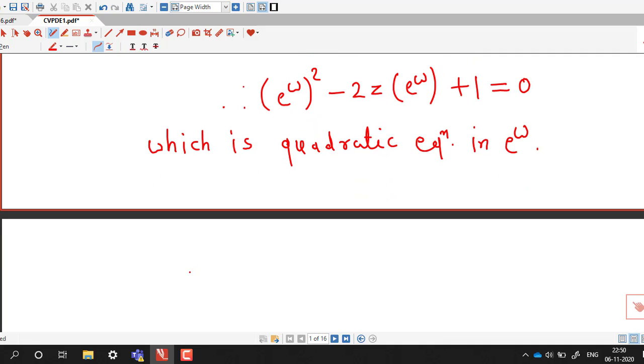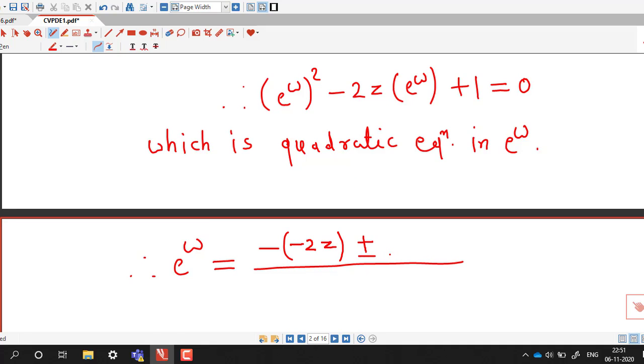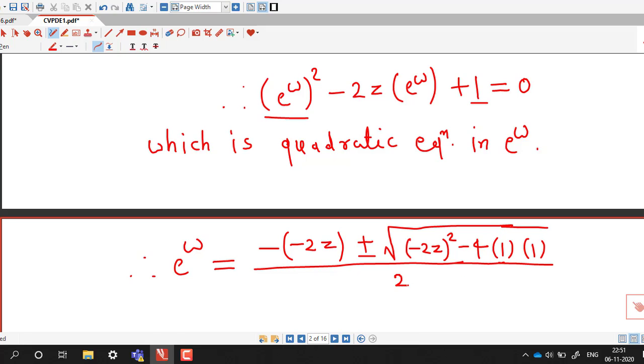Therefore, using the formula for a quadratic equation, we have e raised to W equal to minus the coefficient of e raised to W, which is minus 2Z, plus or minus the square root of the square of the coefficient of e raised to W, which is minus 2Z squared, minus 4 times the coefficient of e raised to W square, which is 1, and the constant term, which is also 1, over 2 times the coefficient of e raised to W square.